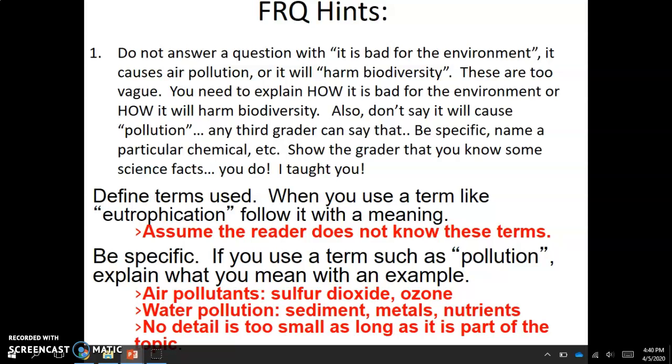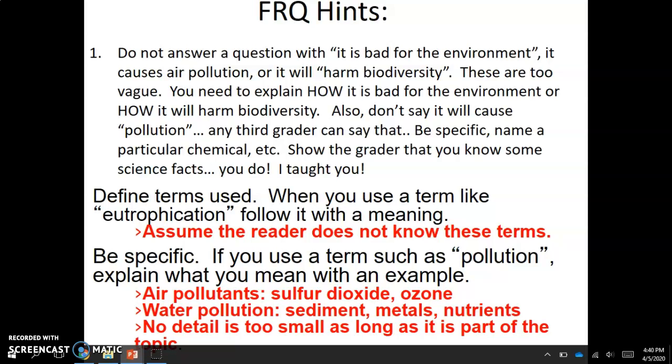And don't say pollution because we all know that there are a million different types of pollution. So if you are mentioning pollution, by goodness, you have to mention the actual specific type, okay? If you're talking about how it's going to harm biodiversity, how? Specifically, what's going to happen? Talk about impacts on population, what's going on.